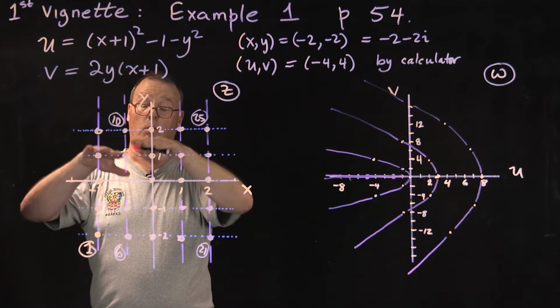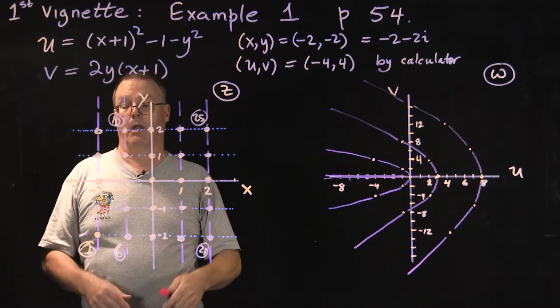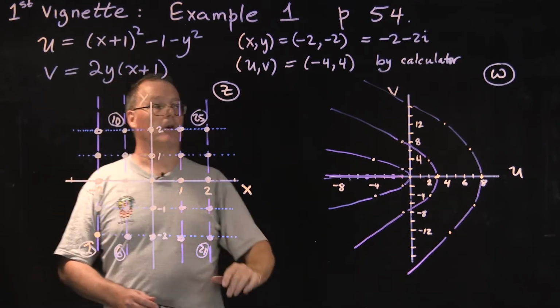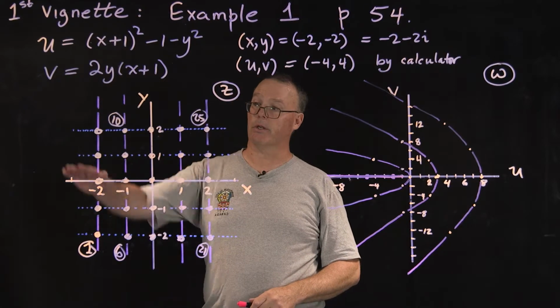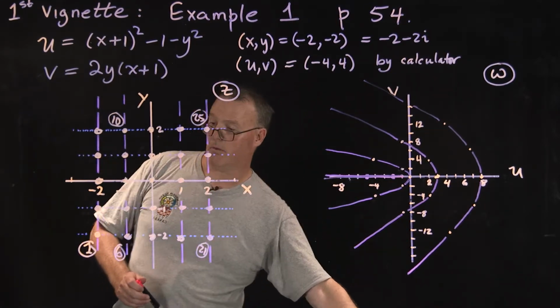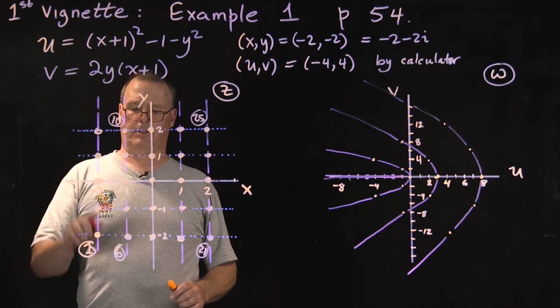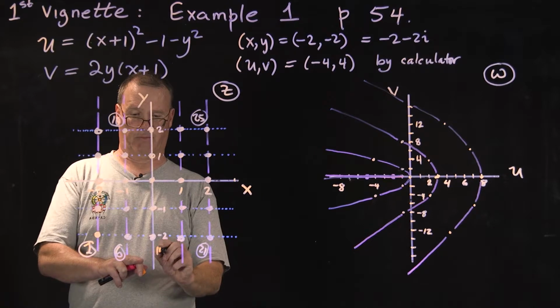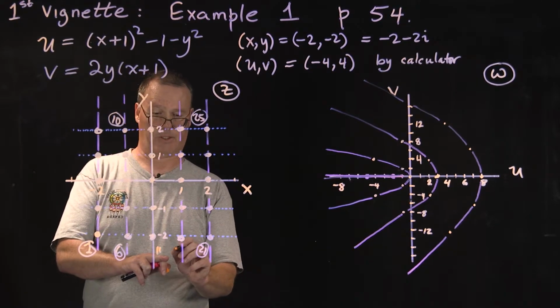So what happens to the horizontal lines? We don't need to do any more computation. We've already done the computation at the grid points. We're just going to draw lines through different ones of them.